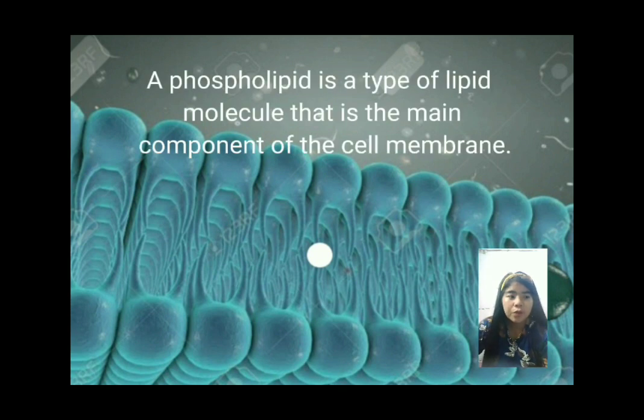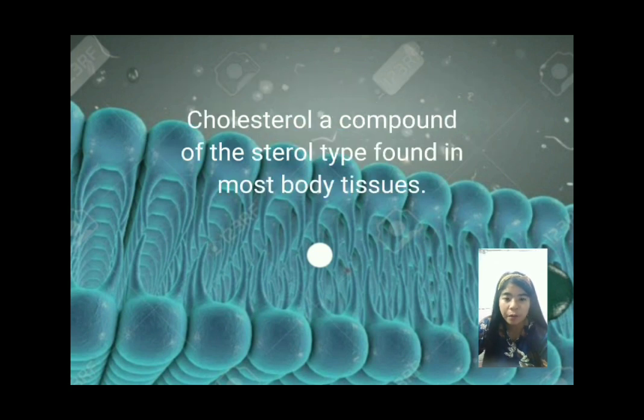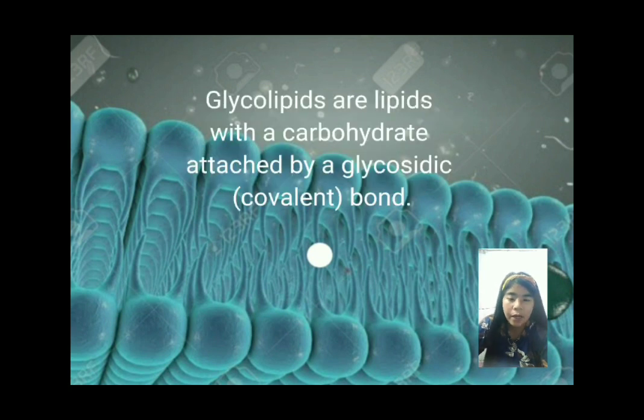A phospholipid is a type of lipid molecule that is the main component of the cell membrane, while cholesterol is a compound of the sterol type found in most body tissue. The last one, glycolipids, are lipids with a carbohydrate attached by a glycosidic covalent bond. Their role is to maintain the stability of the cell membrane and to facilitate cellular recognition.